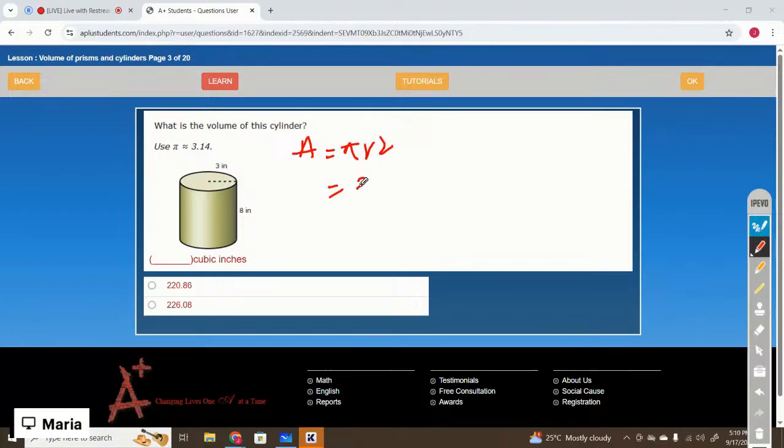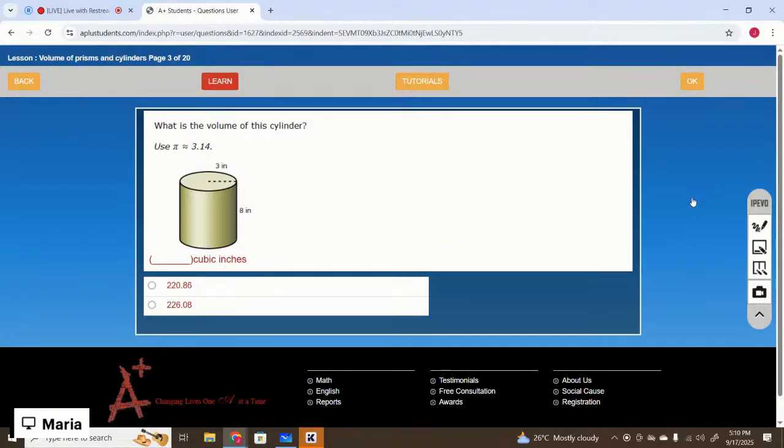So 3.14 times r, which is 3, squared. So that is 9 times 3.14. That is 28.26.